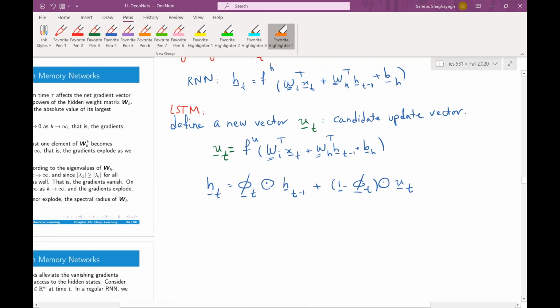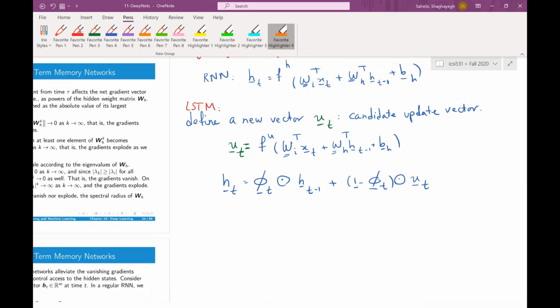Okay, what does it mean? It means that at the places where phi_t is 1, I want to have the value of h_{t-1}, the previous hidden state, just copied to h_t without any changes. And nothing from u_t, the candidate update vector, is going to come into my new hidden state.